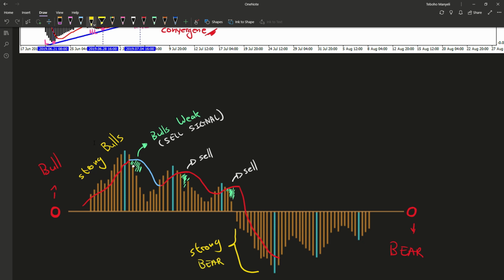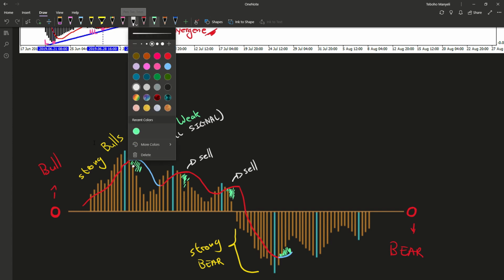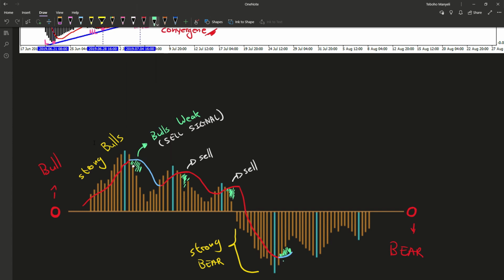And so the sellers are in control here, and as soon as that moving average leaves the histograms and goes above them or below them, actually in this case, and we can see that space between the histogram and the moving average, we know that now we've got a market with weak base, right? Which basically opens doors for buying opportunities. So as soon as this happens here, we start looking for a buy.